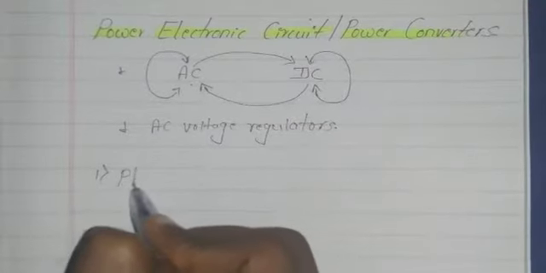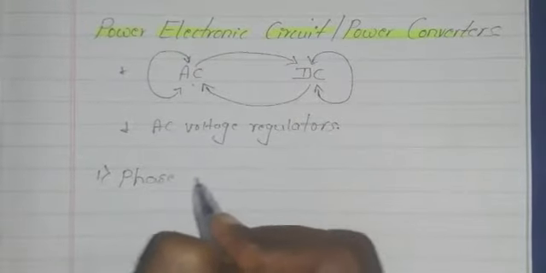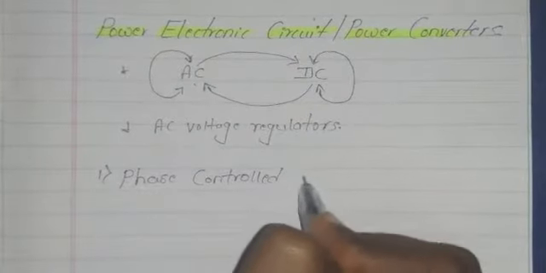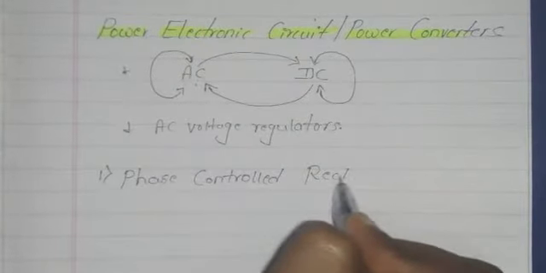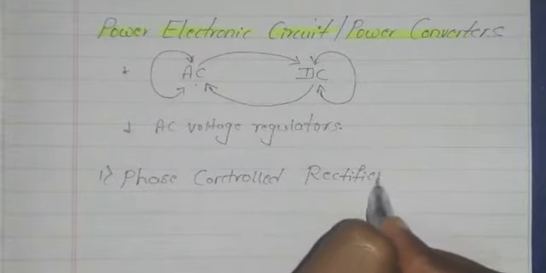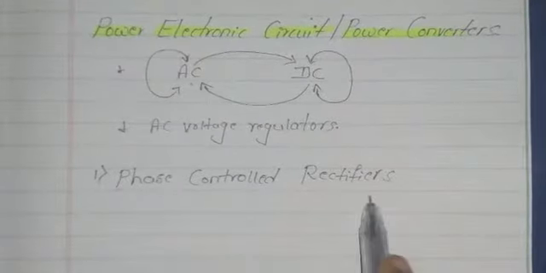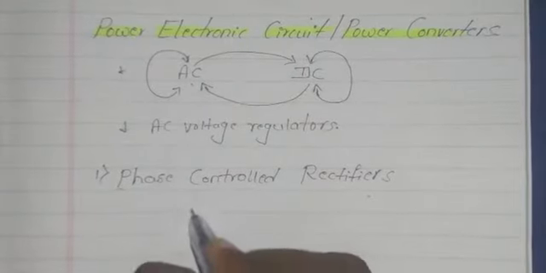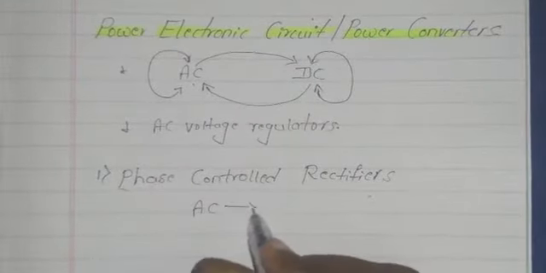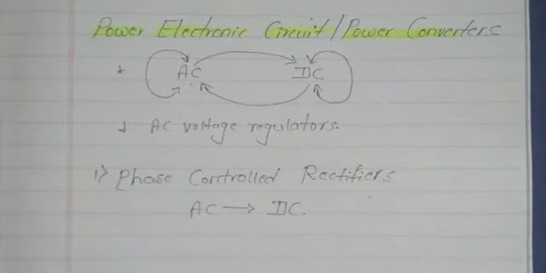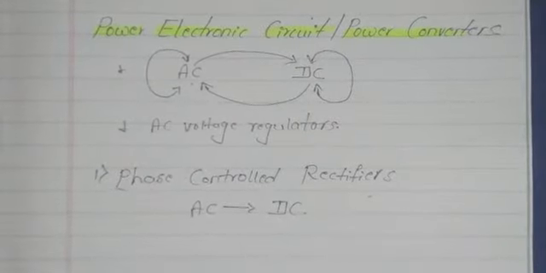Phase controlled rectifier. This circuit converts AC to DC. In simple words, this is our wall charger.